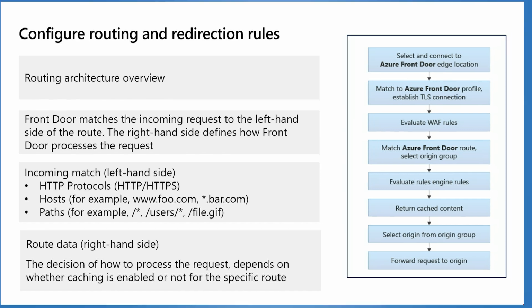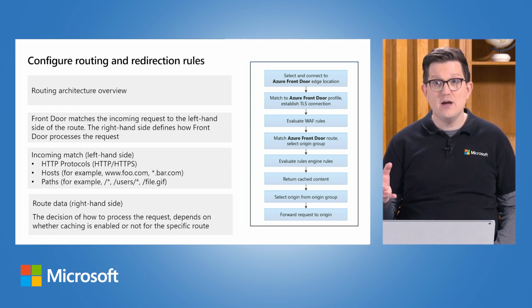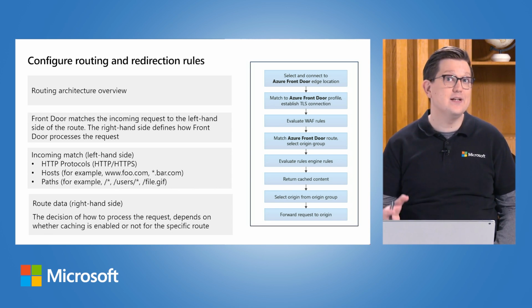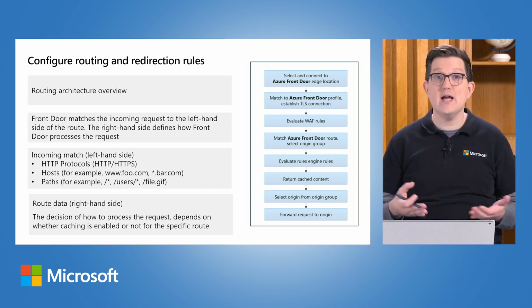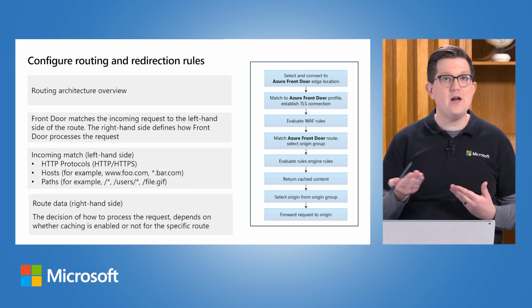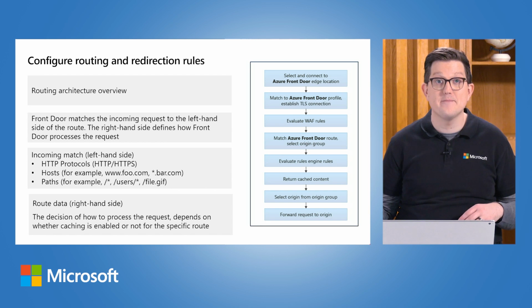Once it has gone through all of that, the last thing we actually do is check to see if there's anything left. Do we still have to direct the user somewhere? And if that's the case, we find the right origin to send them to, the right spot in the back end, and we redirect the user there.